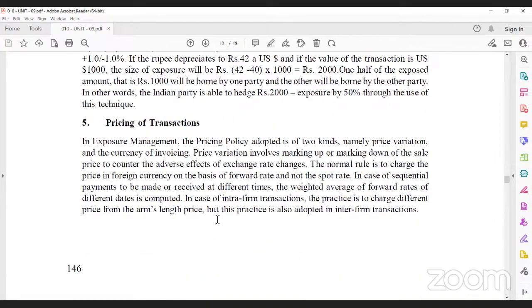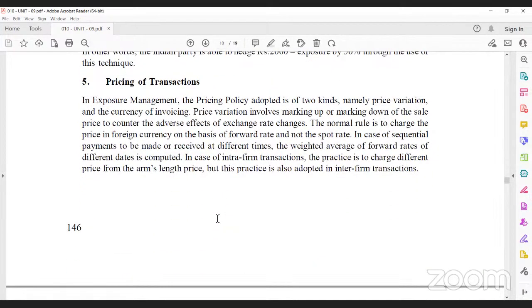Next, we have pricing of transactions. Pricing is basically adopted in two methods. One is price variation and the other is the currency of invoice. Price variation here means marking up and marking down of the sale price.